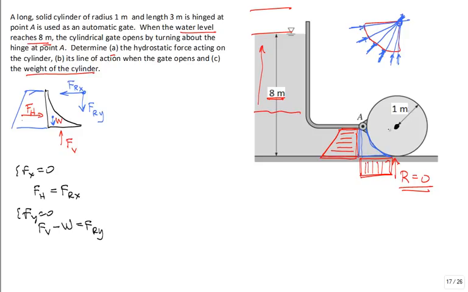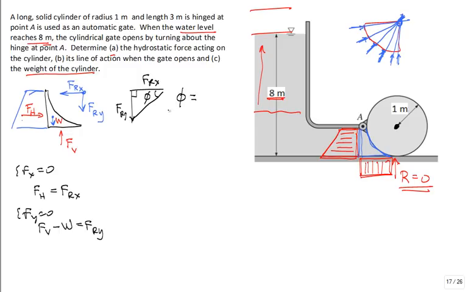and I don't know the orientation, but once I know the orientation, let me draw it like this. I put a little vector, maybe I show it like this: F_Rx, F_Ry. I put a little right triangle and an angle phi right there. So not only do I know a line at which it goes through, I can calculate the angle phi.